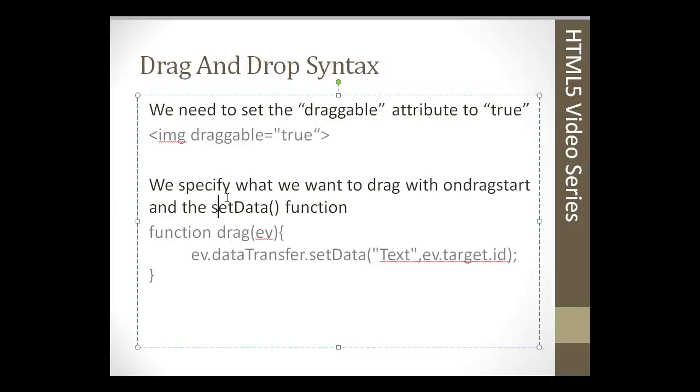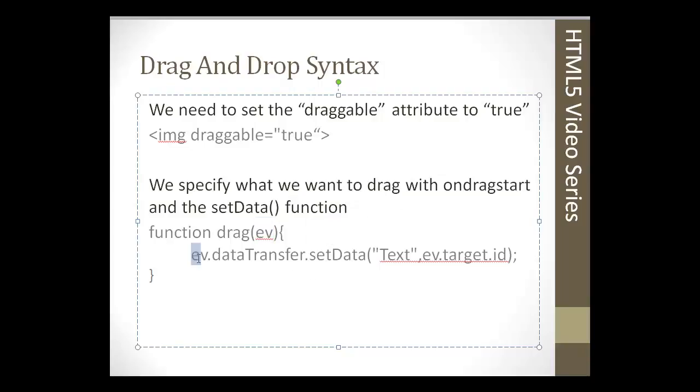Now what we have to do is specify what will happen when the element, or the object, or whatever you want to call it, is dragged. The onDragStart attribute calls a function, which is this function, drag(event). Event is the parameter of the drag function, and that specifies what data is to be dragged, if that makes sense.